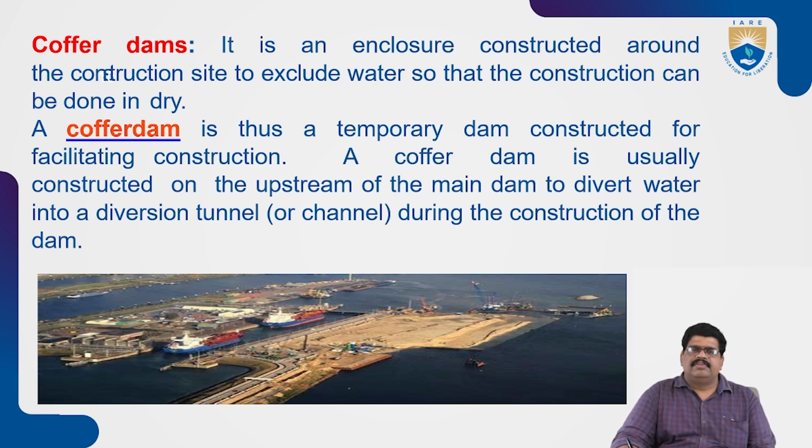After the completion of the construction, it can be removed. That's why we call it a temporary structure. The coffer dam is a temporary structure that diverts the water for the construction of the dam.